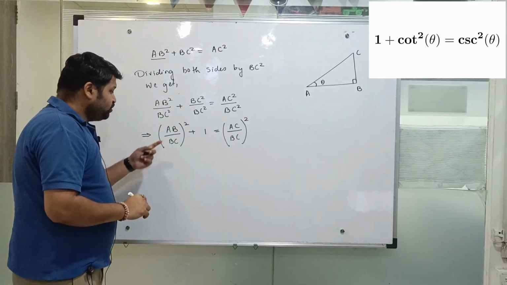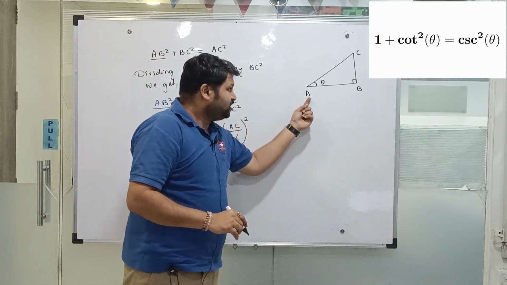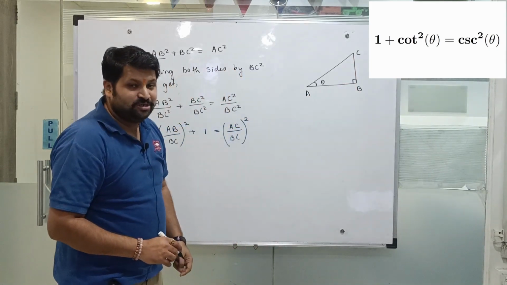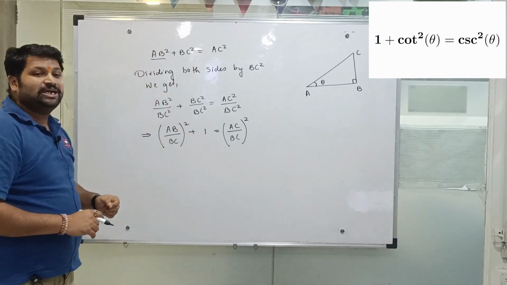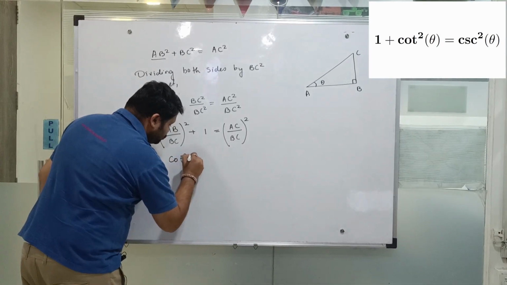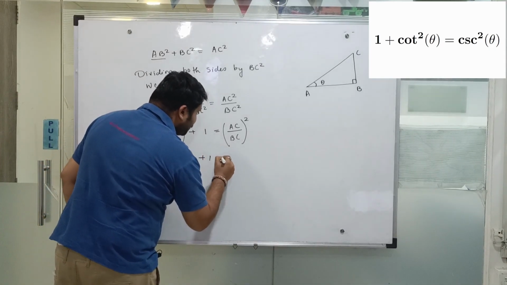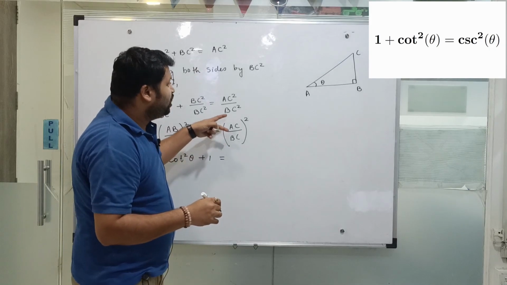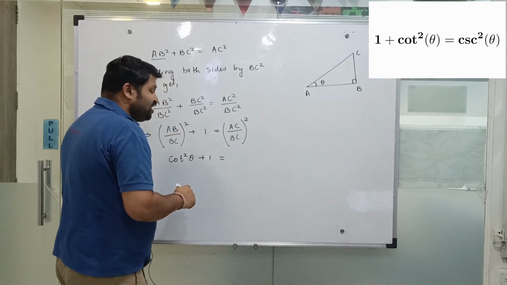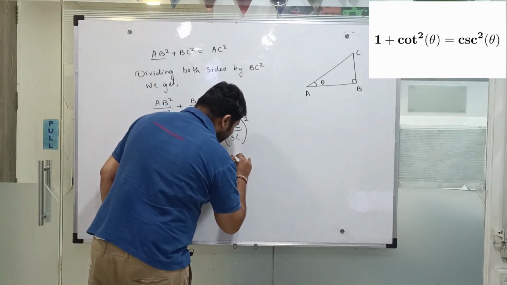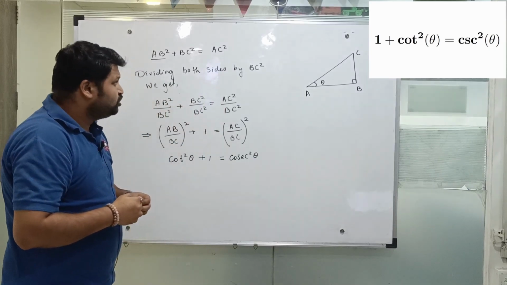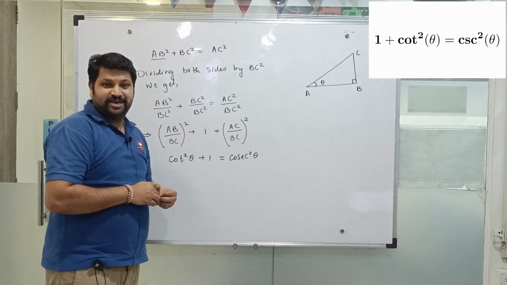Now we already know that AB, that is the adjacent side, upon BC, that is the opposite side, so adjacent side upon opposite side is my cot, so I can write it as cot square theta plus 1, and my hypotenuse upon my opposite side is cosec, so I can write it as cosec square theta. So this is my third identity.